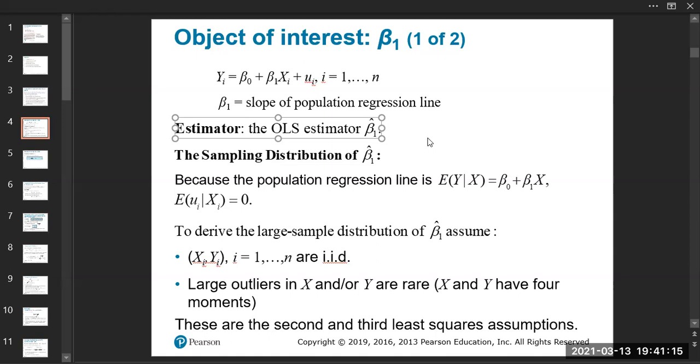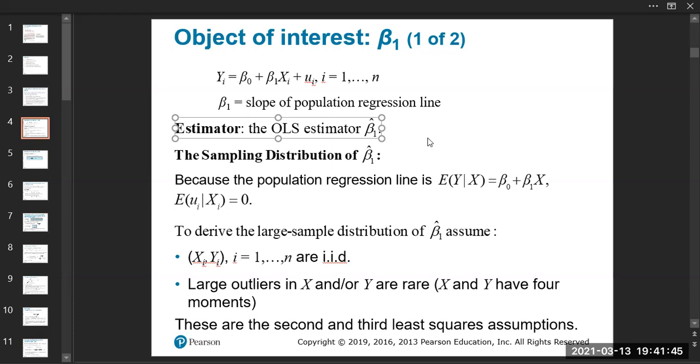How do we know its distribution? We know it because we can satisfy 3 assumptions. In this class, we're going to assume that these 3 assumptions are all satisfied. But of course, in a more advanced econometrics class, sometimes they are not satisfied, and then you have to find other ways to get around it.